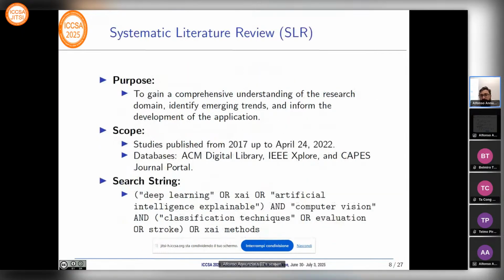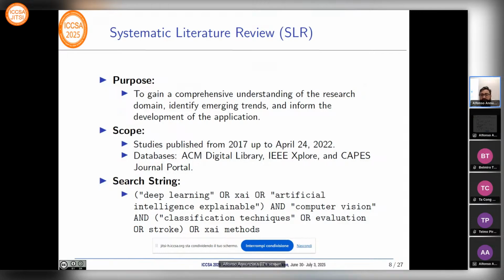And as I said to you, our research had two objectives, twofold. The first one was a systematic literature review with the purpose of gaining a comprehensive understanding of the research domain, identifying emerging trends and informing the development of our application. The scope of our studies: we collected studies from 2017 up to April 2022, so before LLMs' advent, before ChatGPT, for example.